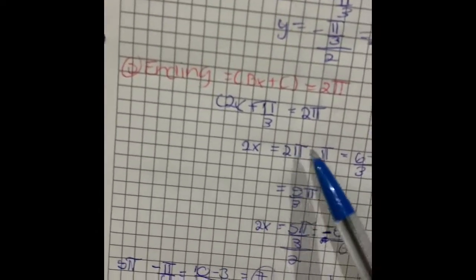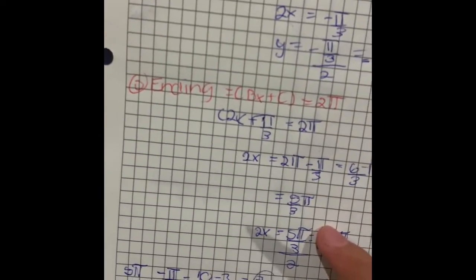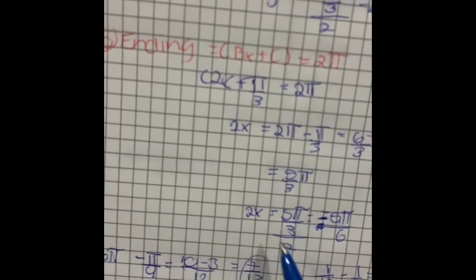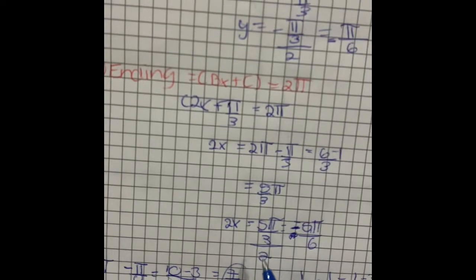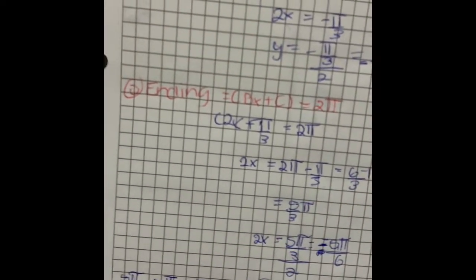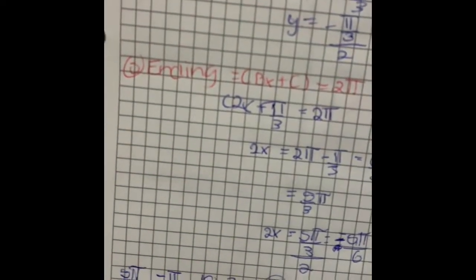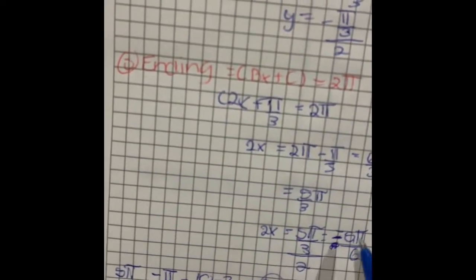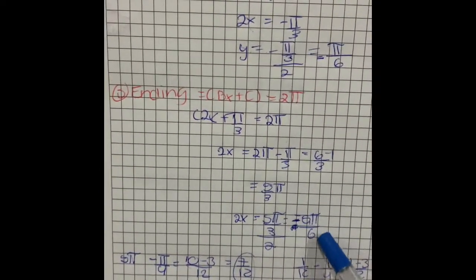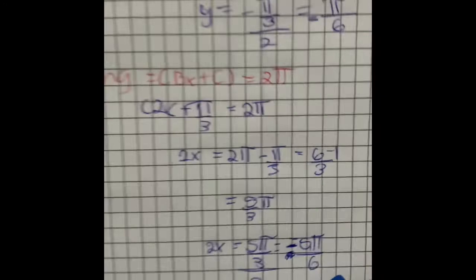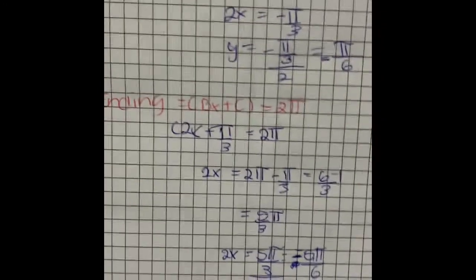Then we pass all this through here, and 2x equals 5π thirds between 2, and that gives us a total result of minus 5π sixths. It doesn't look very well because I had a mistake, so it is a minus.